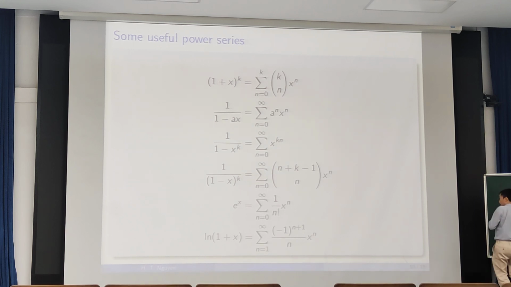So we will write: G is equal to x to the power k times the sum of n plus k minus 1 choose n, x to the power n, where n goes from 0 to infinity.